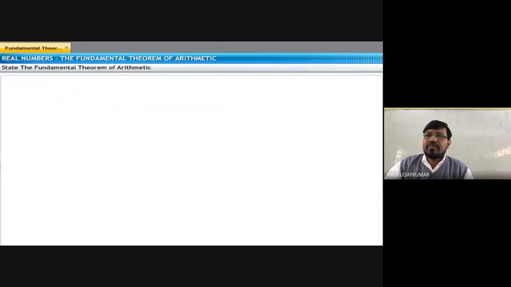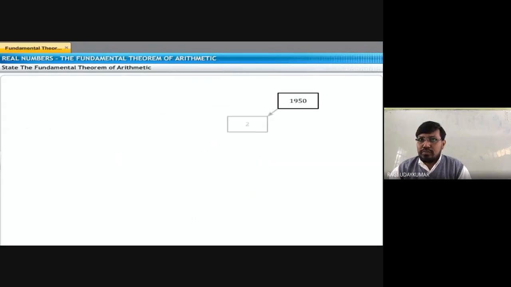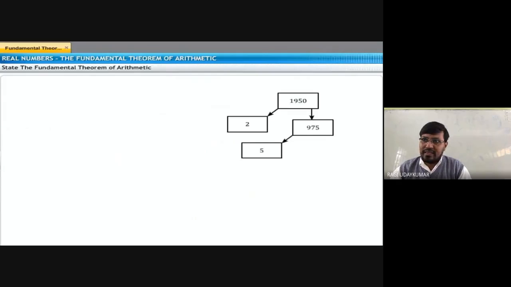Okay, so whenever you take into consideration that 1950 is our number, this 1950 can be expressed as a product of prime numbers. You can write it as 2 into 975. 975 is not divisible by 2, it is divisible by 5.